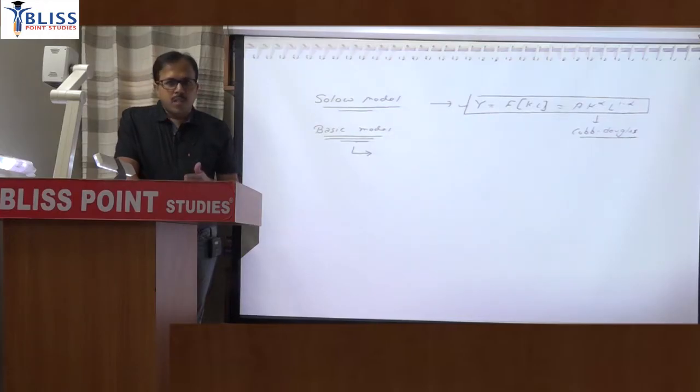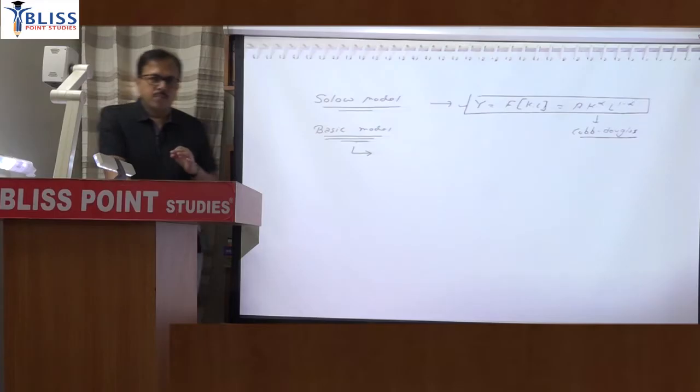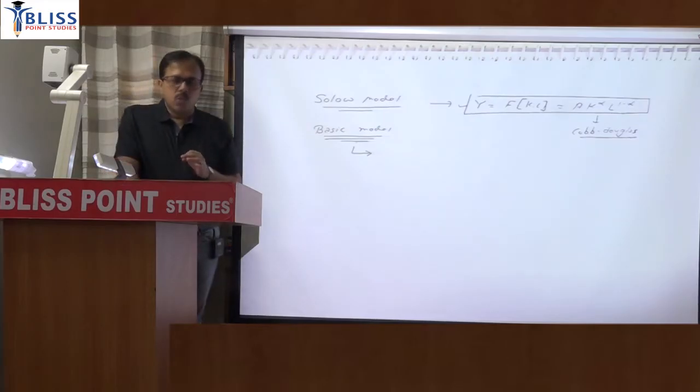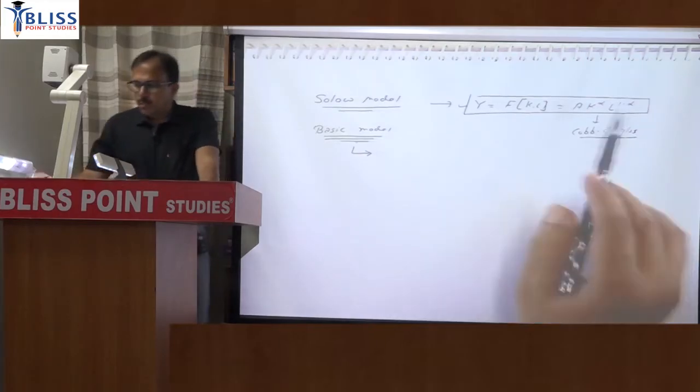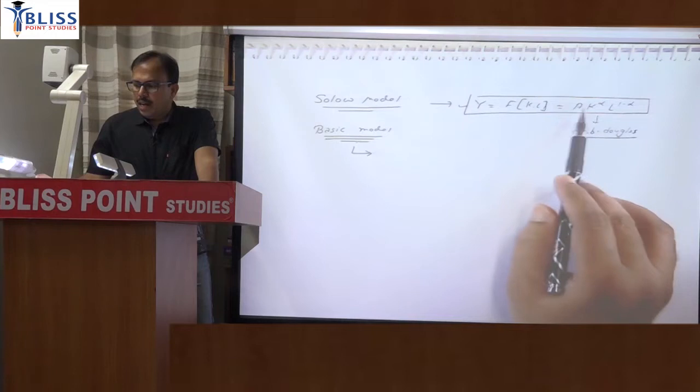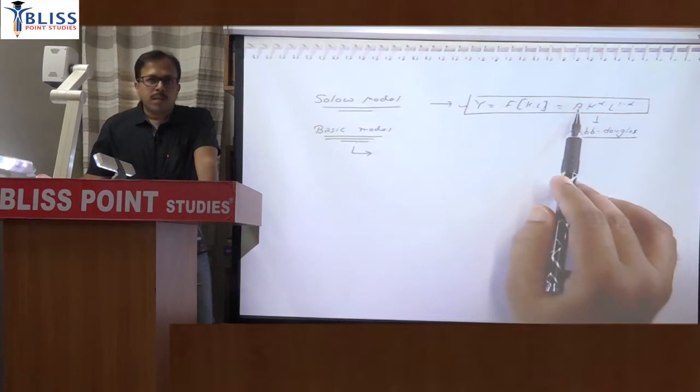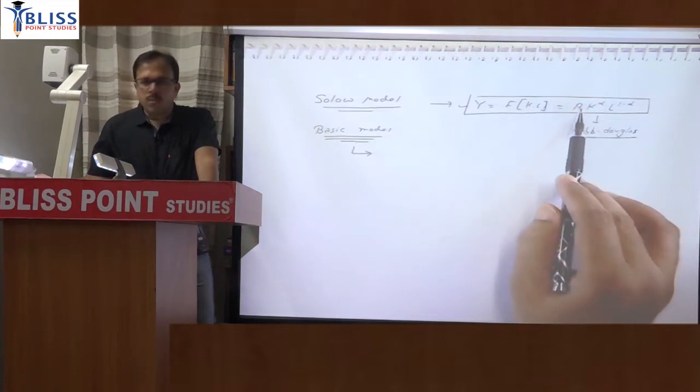So in the first step, let us assume that labor force and technology are constant. Labor force, that is L, and technology, which is represented here by A. Labor force and technology are constant.